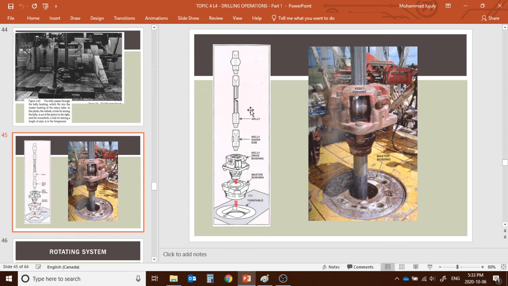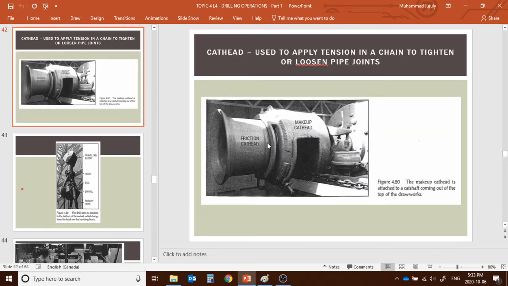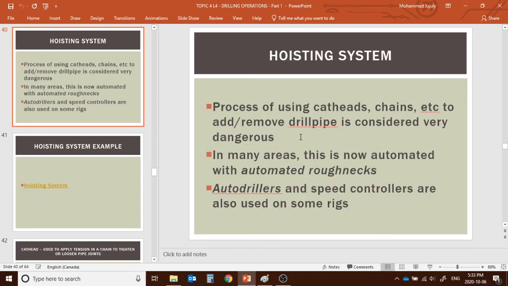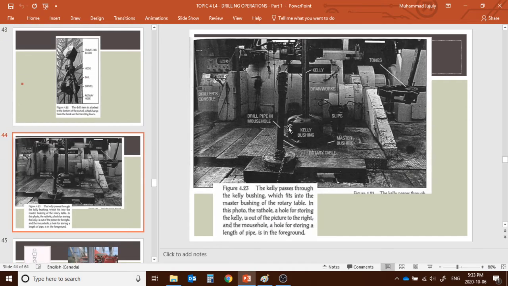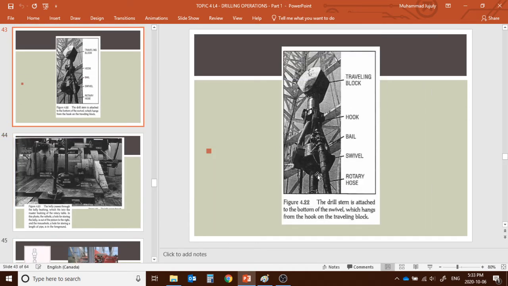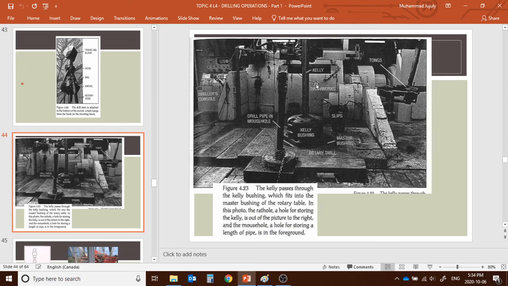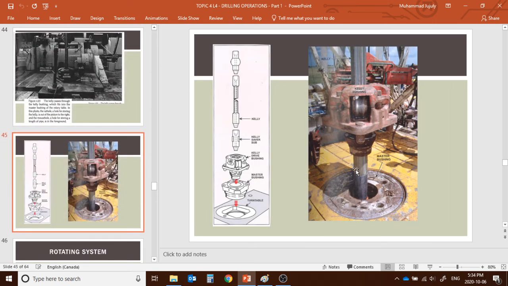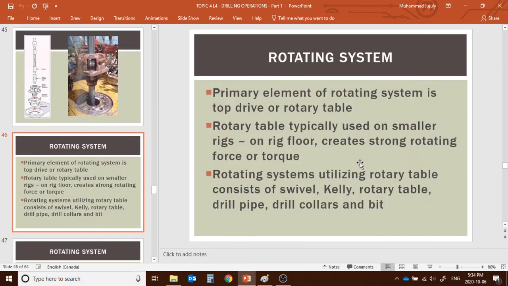I'm showing you again: the hoisting system connects with the rotating system here. You see the rotating hose, the hook, and the Kelly. This component we call the swivel. The swivel moves and the Kelly rotates, and that's how it powers the drill bit.